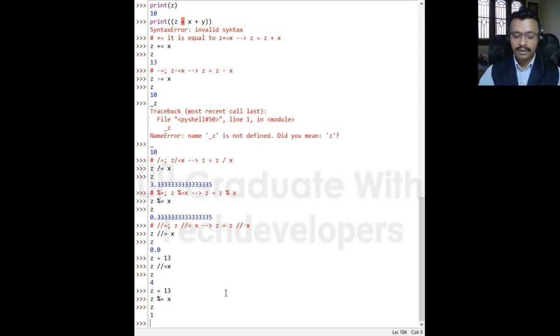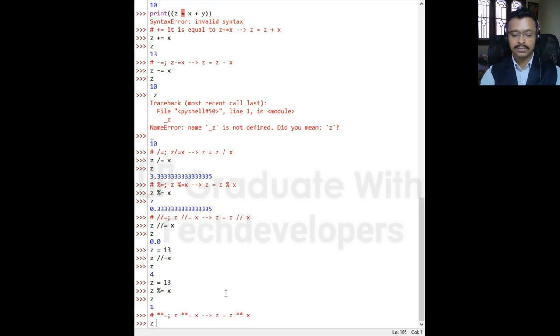So finally we have the exponentiation, that is **=. g **= x means g = g ** x. Nothing but g is equal to g to the power of x.